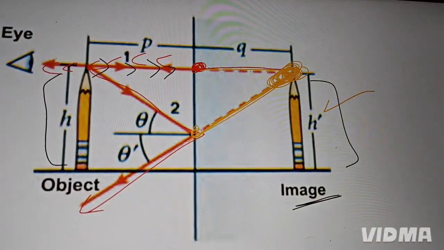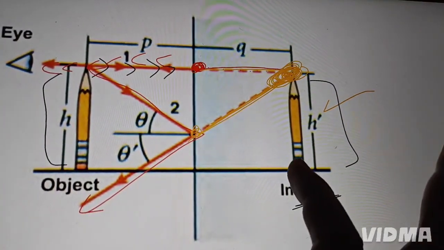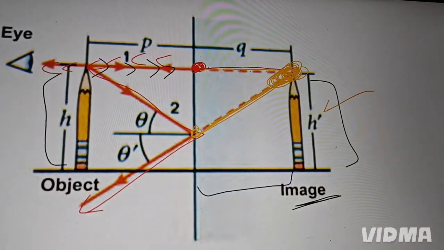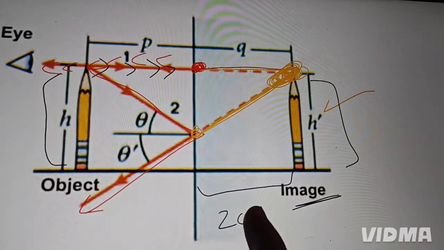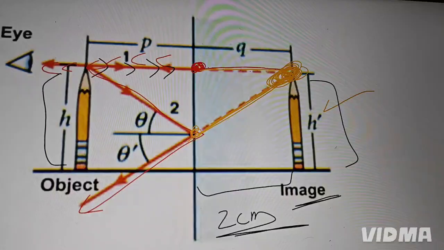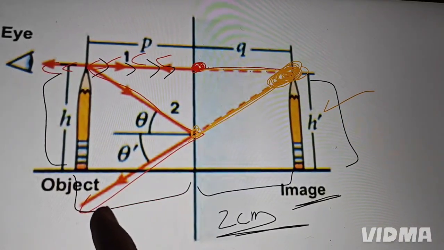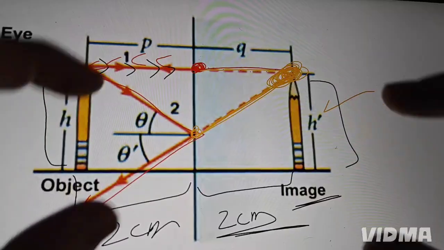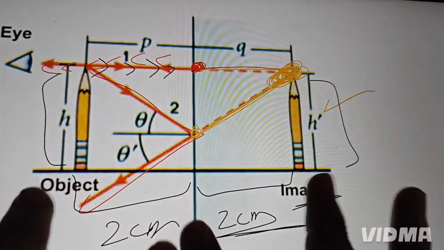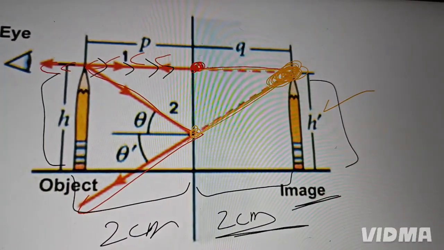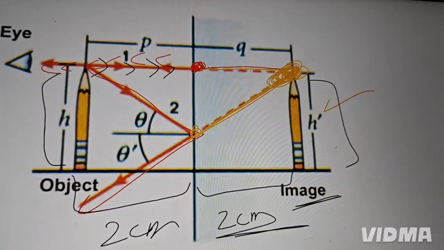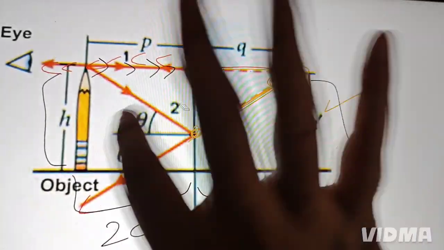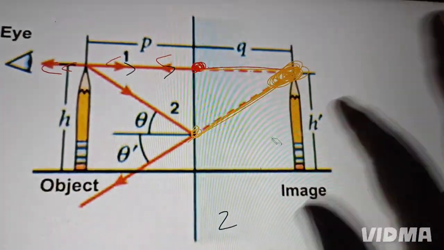The second one, the image distance, for example this is 2 centimeters, must be the same as the object distance. So first the sizes are the same, and their distances are the same. Both of them are upright, without flipping, without being upside down.